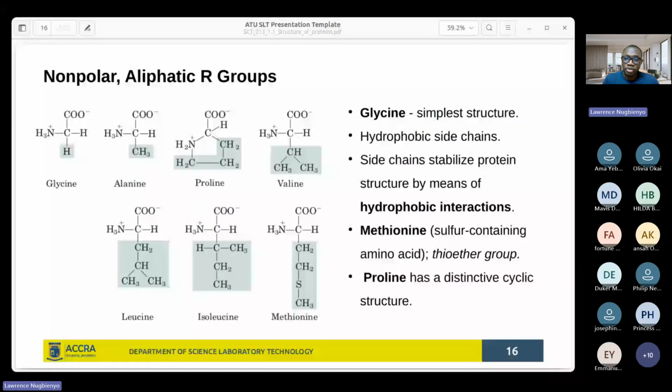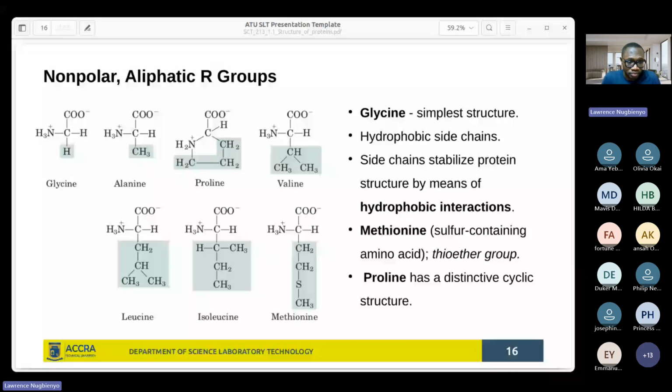Today we are continuing from where we left off last week. We started looking at the basic structure of amino acids. So we got to essential and non-essential amino acids.